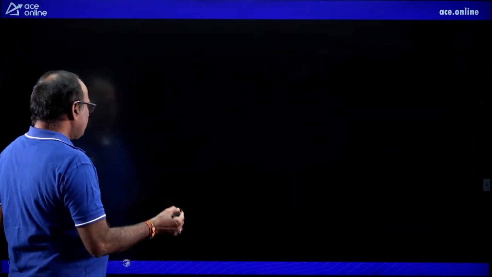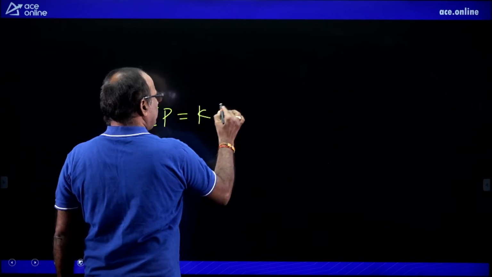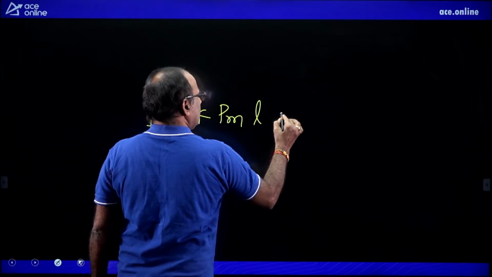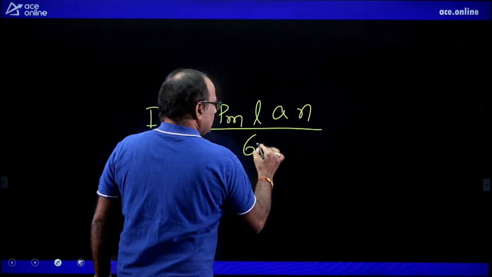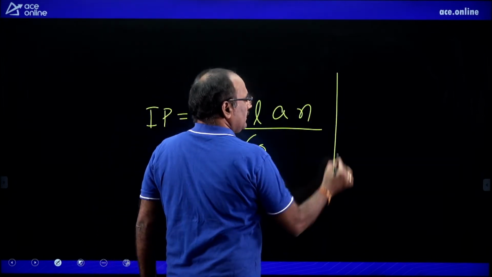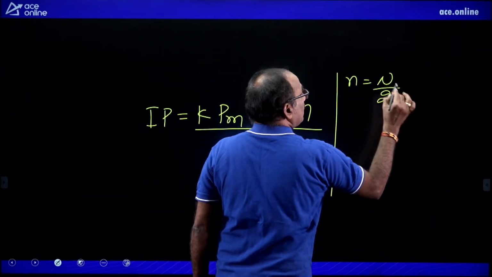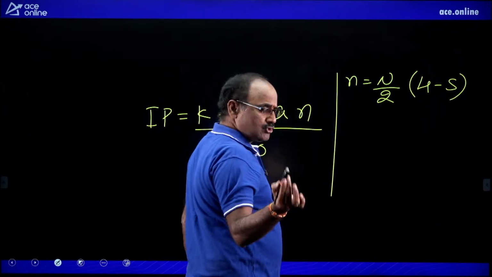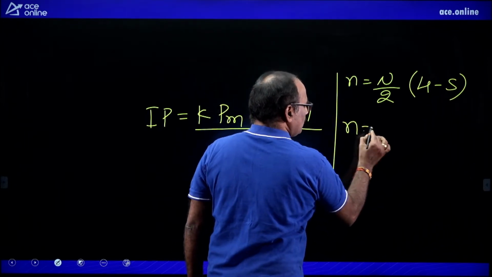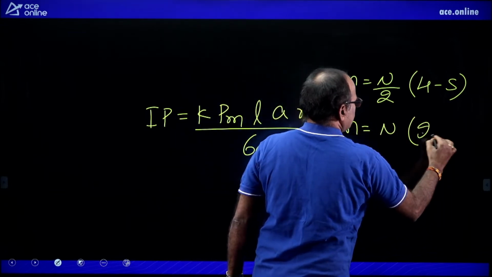By the time we are finding the indicated power equal to what? IP = K PM L A n divided by 60. This n equals the number of working strokes. Small n equal to capital N by 2 for 4-stroke engine, whereas small n equals capital N for 2-stroke engines.